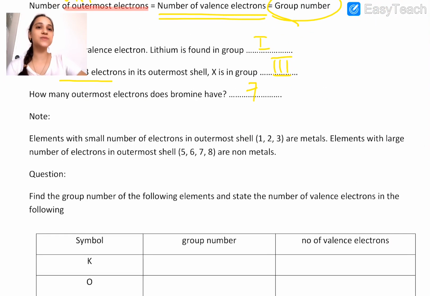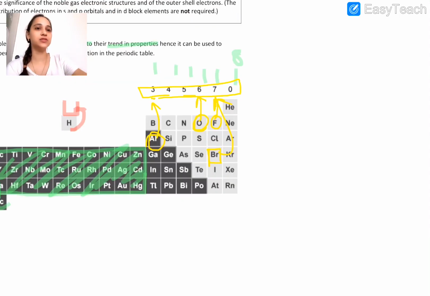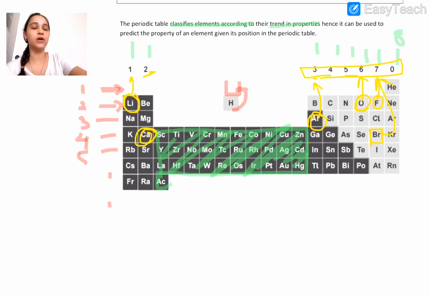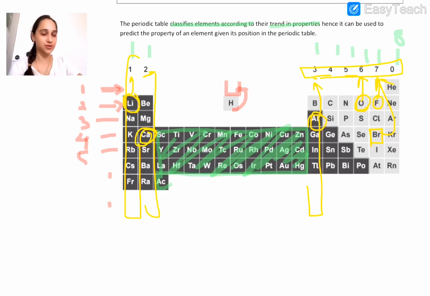Now, elements with a smaller number of outermost electrons are usually metals, and elements with a larger number of electrons are non-metals. That's a rule that applies, that we observe: elements in group 1, group 2, and group 3 are usually metals.